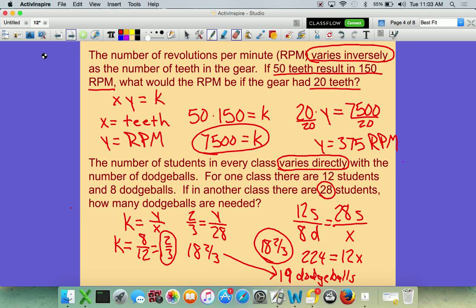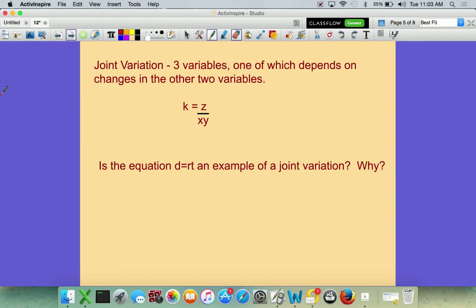All right, next page. Last one that we have here is what's called joint variation. Joint variation is simply where you have 3 variables, and one of them depends on changes in the other 2 variables. All right, you can have this set up as what I have written down here, k equals z over xy.